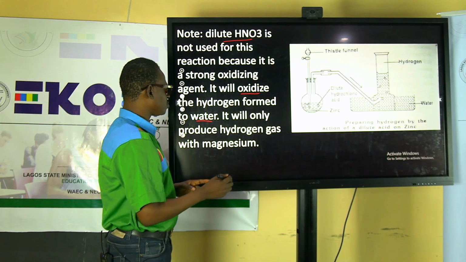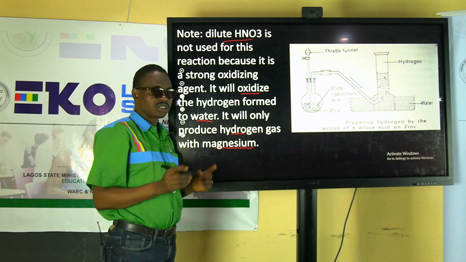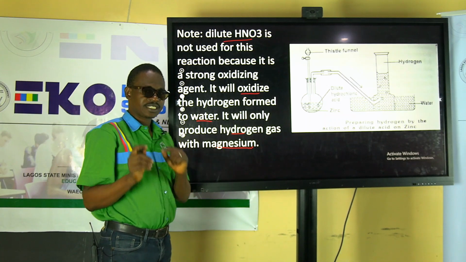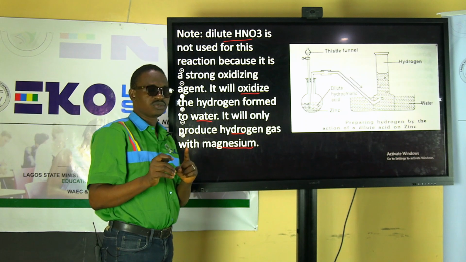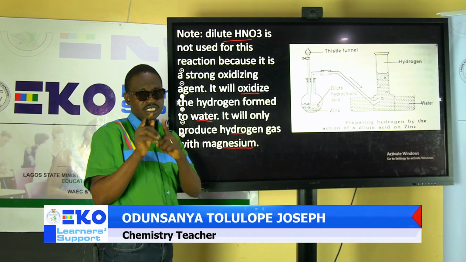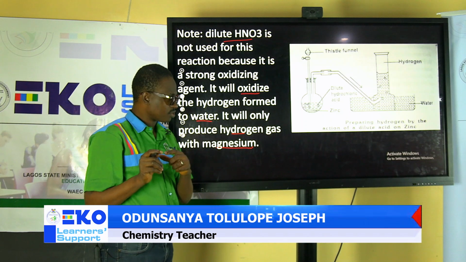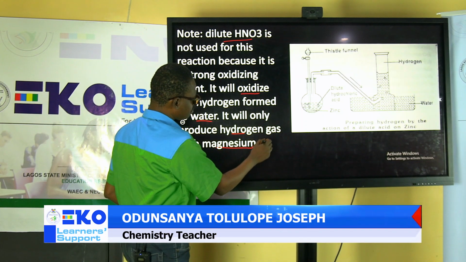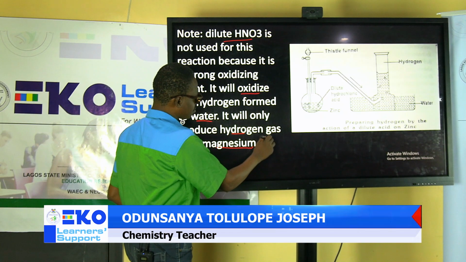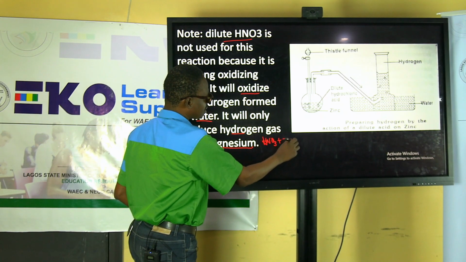It only produces hydrogen gas with magnesium. So in this case, if you are using zinc granules, you don't use dilute HNO3. Why? Because the hydrogen gas that is going to be produced will be oxidized. And the reaction is very simple. I have HNO3, then I have zinc.